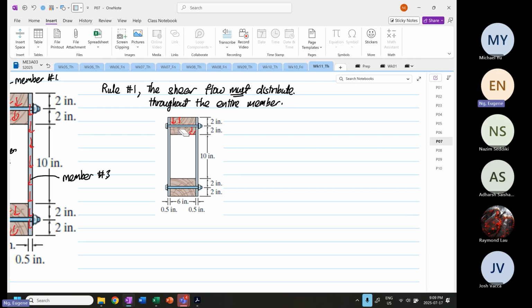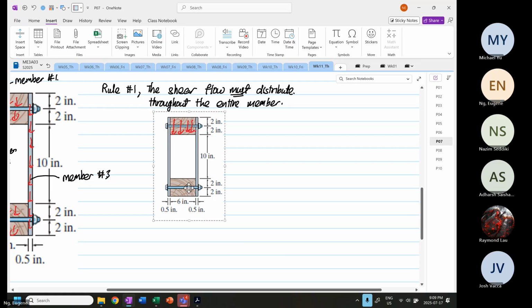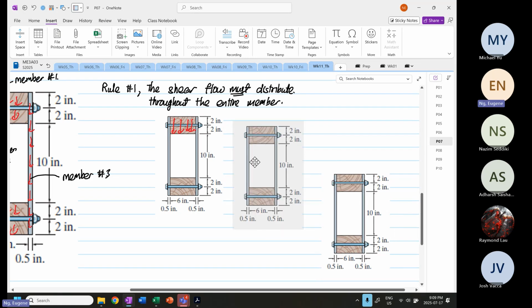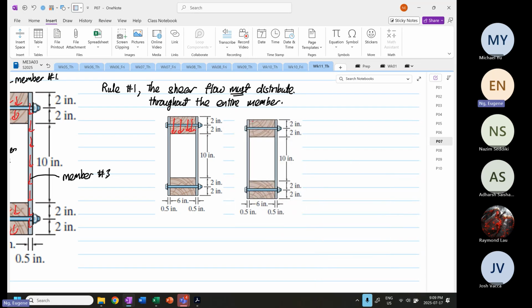I'd better draw one arrow. The shear flow must distribute the entire member first, not partially. Partially means it only distributes like that. No, this is wrong. The shear flow must distribute throughout the entire member.